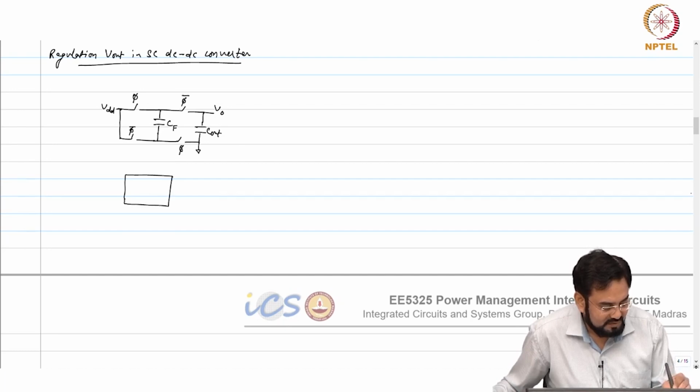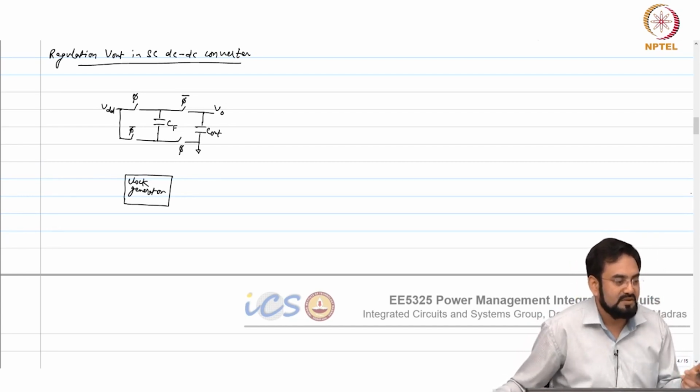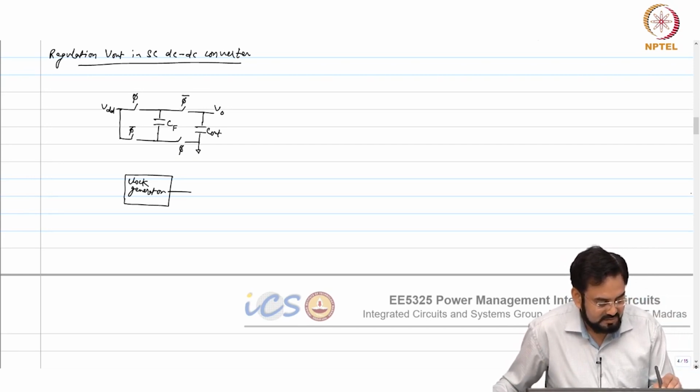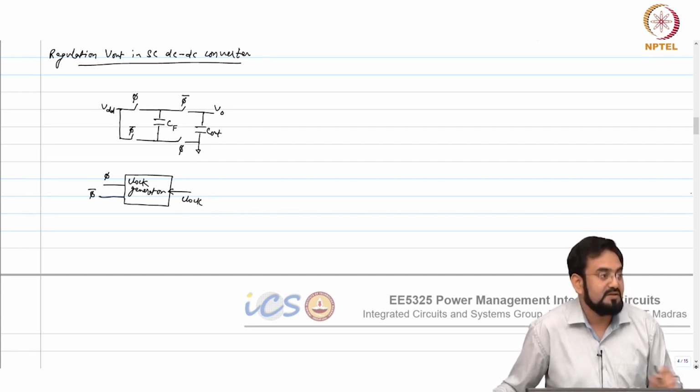So, this is your clock generator, and clock generator is nothing but non-overlap clock generator. So, it will get any clock input and generate phi and phi bar.